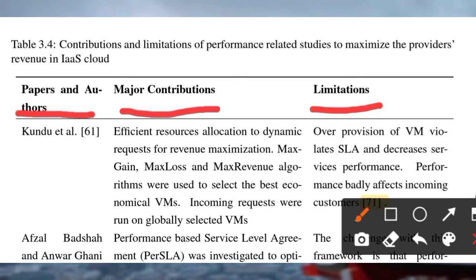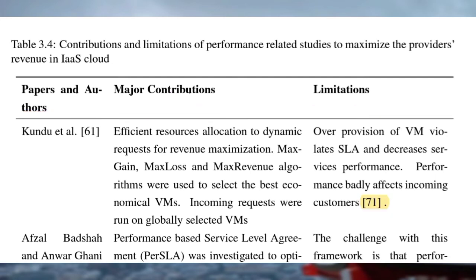This will help you a lot. And when you write the literature, it is also very important to write the major contributions and the main limitations.